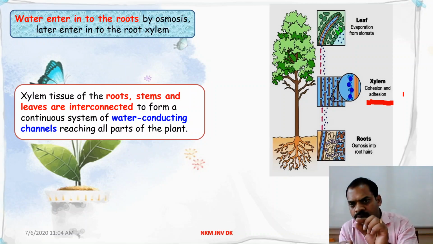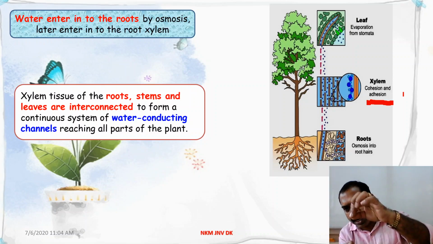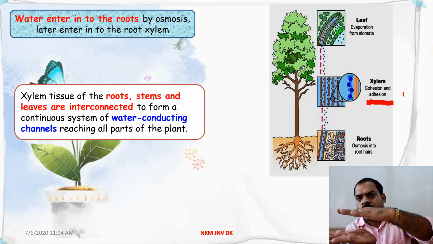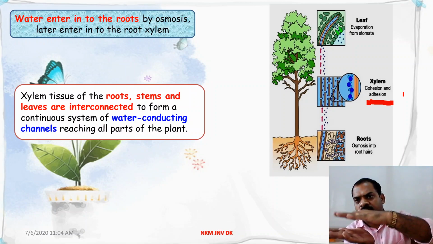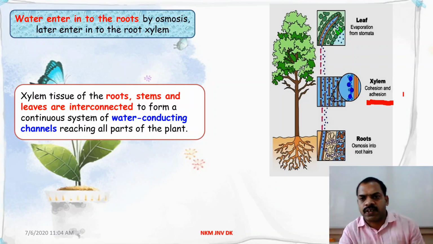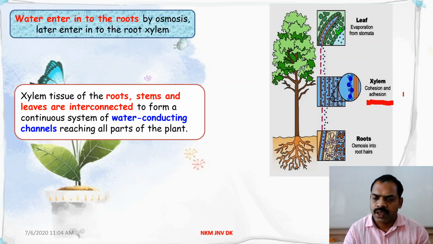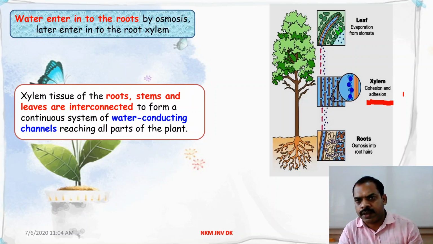Got it? So water connecting with water and water connecting with paper, paper, water, paper, that connection is the hydrogen bond. So this is the same as cohesive and adhesive force. In that way the water goes up through the xylem. Another very good example we can say. Okay, let us go ahead with the remaining topic, then I will tell that.